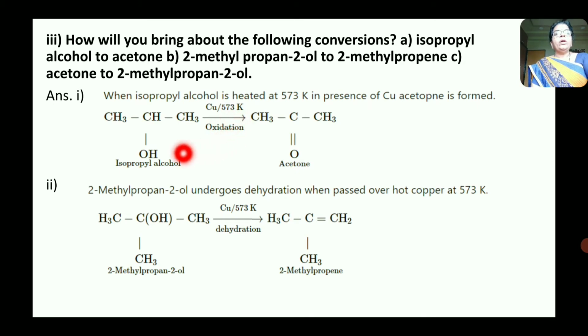Oxidation is carried out, and here the CHOH group is converted into C double bond O group, that is CH3CHOHCH3, that is isopropyl alcohol. When it is heated with copper at 573 Kelvin temperature, oxidation is carried out and the CHOH group of alcohol is converted into CO group, that is formation of CH3COCH3 takes place. This is acetone.